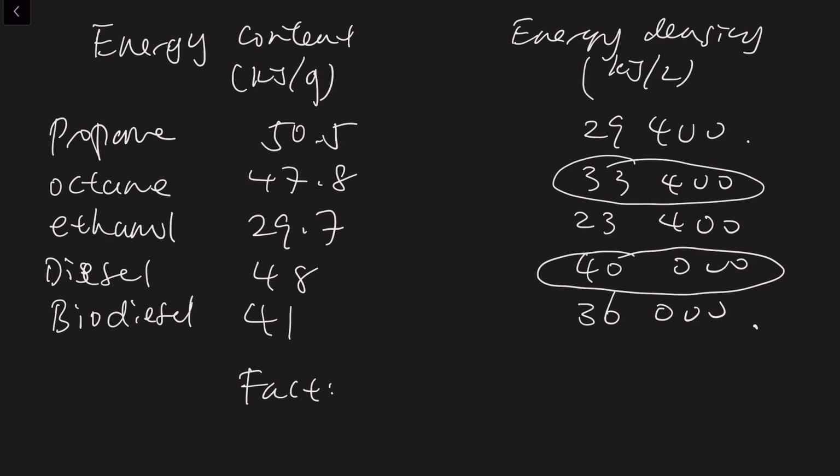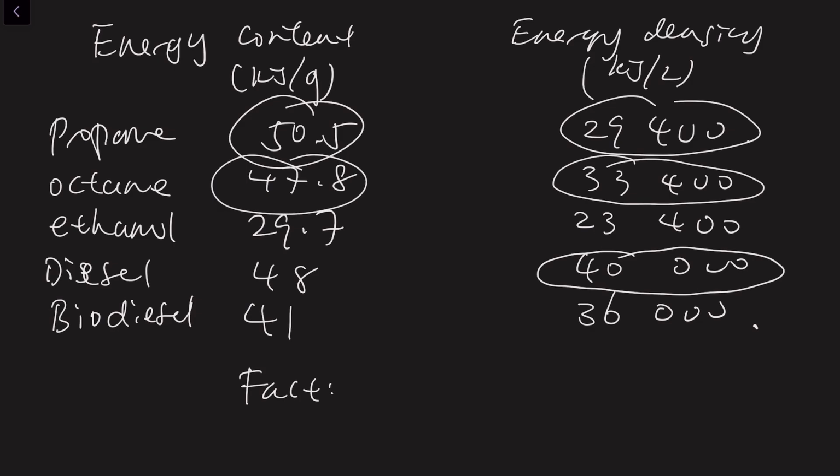And we also know that for cars that burn natural gas, sorry, not natural gas, liquefied petroleum gas, you need to refill it very often, because the energy density for LPG is even less than petrol. So you might ask, maybe it has higher energy content than petrol, so why does it give you a lower range?